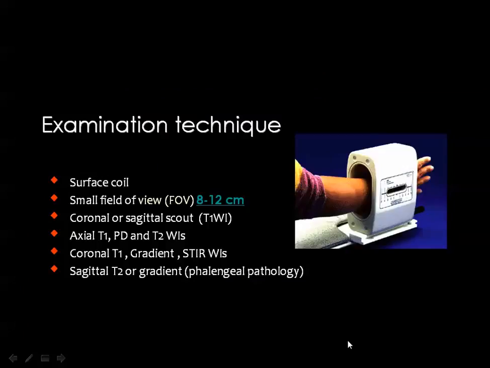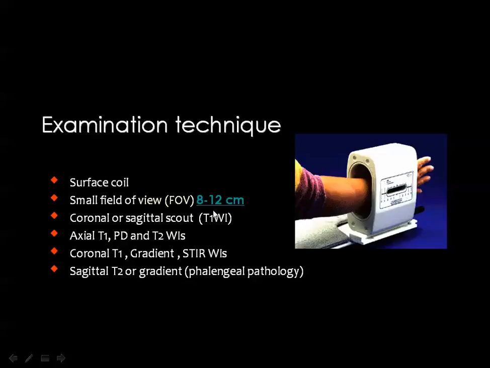The technique of examination includes the use of the surface coil and the selection of the suitable field of view, which is very important that you select the appropriate field of view in the wrist and in the ankle joints.